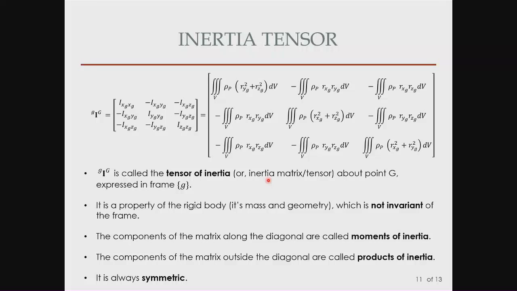Inertia is like mass, something you carry as you move. This one resists rotational motion as mass would resist linear motion. We'll go into the meaning of that later. Just don't call it inertial tensor.